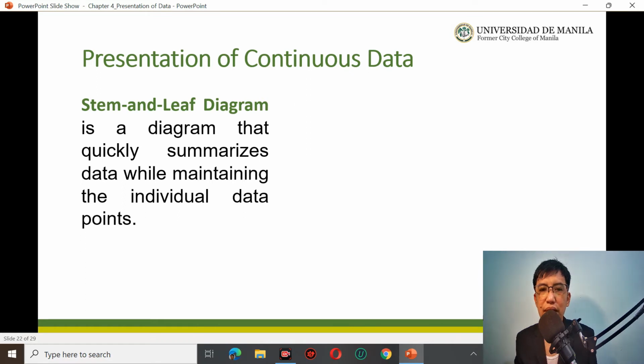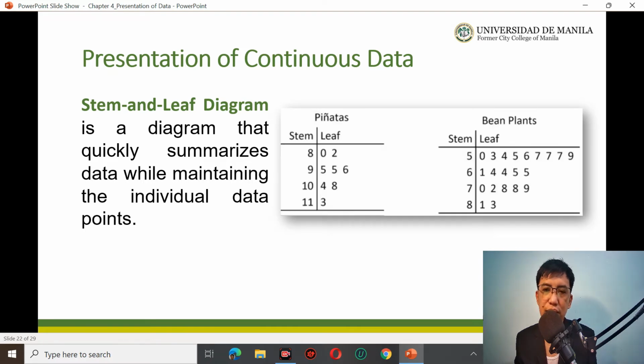We have the stem and leaf diagram. It is a diagram that quickly summarizes data while maintaining the individual data points. So, an example is this. Halimbawa nito, you have two sets. How do we read this stem and leaf diagram? If we have piñatas, this is the stem and leaf. Let's say we measured it in terms of centimeters.